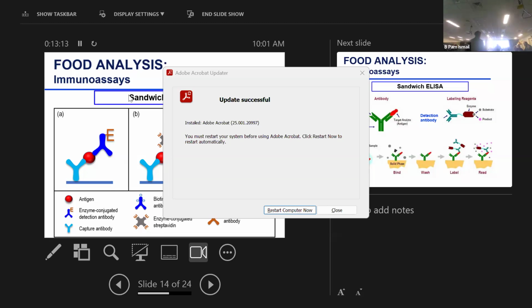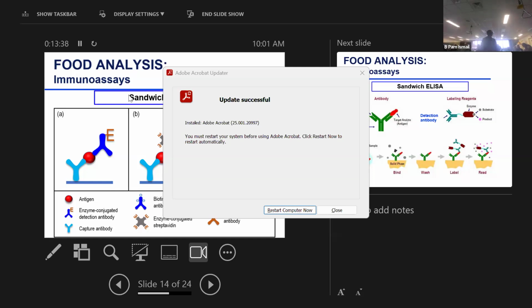Sometimes to enhance the sensitivity, we get antibodies that are biotinylated and have streptavidin conjugated with enzyme. You don't have to remember those names, but what that means is you have an antibody with multiple sites with a lot of enzymes.